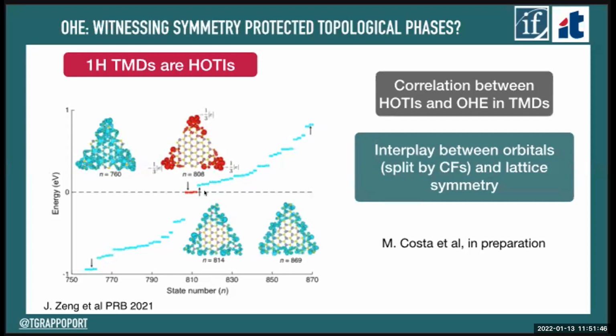If you use a more sophisticated model, by cutting it in armchair, you can see the corner states. They are very clear. There are also other ways to calculate the higher order topological phase. There are some recipes, and it works as well.